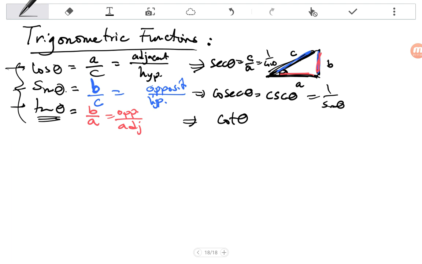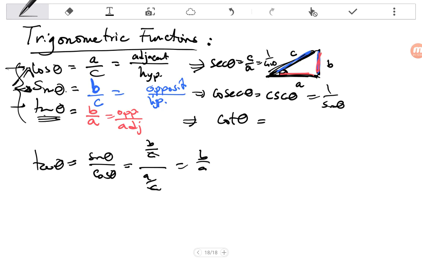Now, we can express tan theta by cosine theta and sine theta. If I take sine theta and divide it by cosine theta, what is the result? It will be B over C over A over C, which is exactly B over A. So another definition of tan theta is sine over cosine.